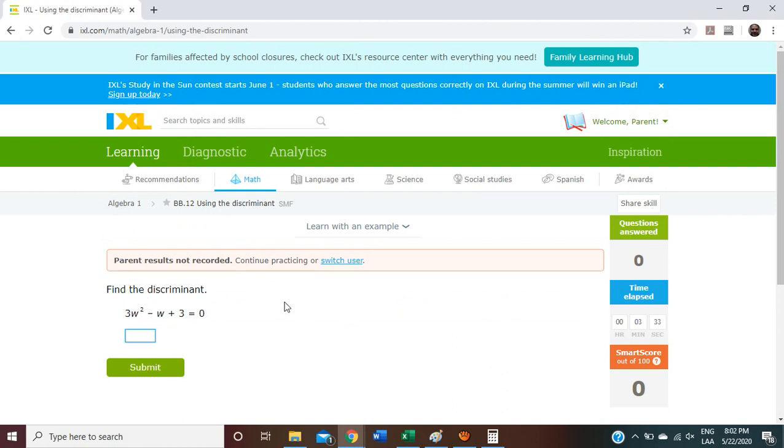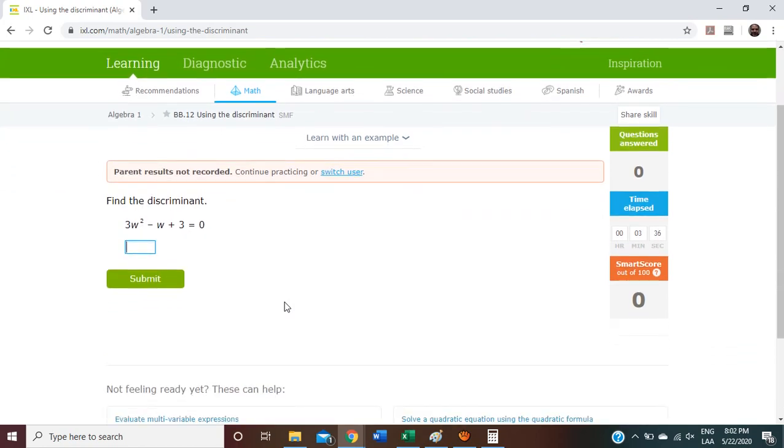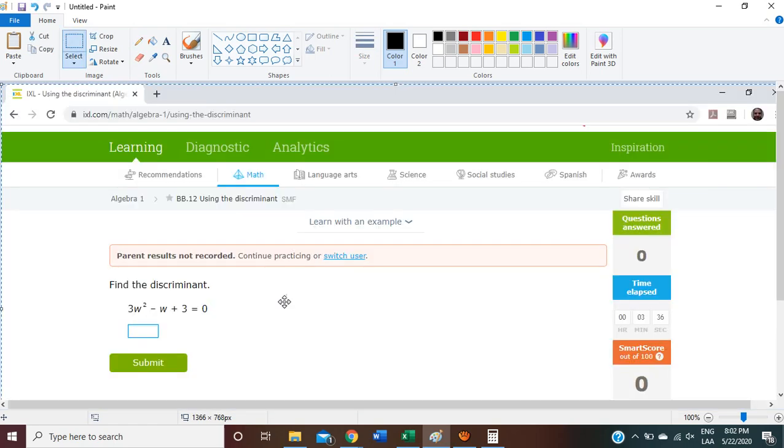So I got this equation. Remember, the formula we're using is b squared minus 4 times a times c. This 3 is a. The number that is not here has an implied 1, an invisible one, but it is negative, so this is b.